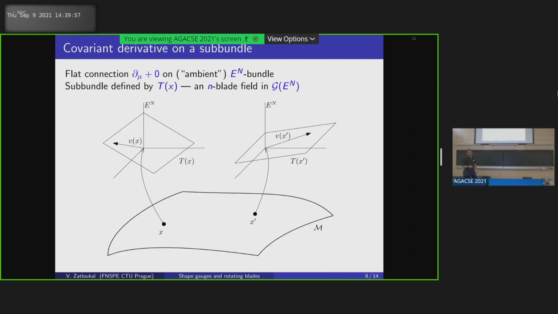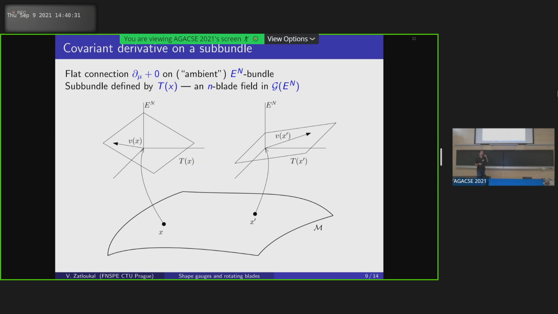Okay, time flies. So now we'll think about this scenario. Let's take the big space, the ambient bundle, with a flat connection, so we have just the partial derivative and no connection coefficients. And now let's choose a distribution of little n-dimensional blades inside this bigger space, and let's call them capital T of x.